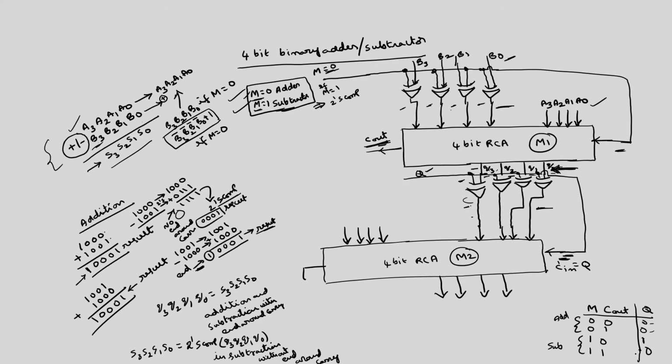So, what is the Boolean expression for Q now? Using this logic, you can easily write down the Boolean expression for Q. Therefore, Q is equal to, only one min term is there, M C out bar. So, simply Q can be obtained using this M signal.